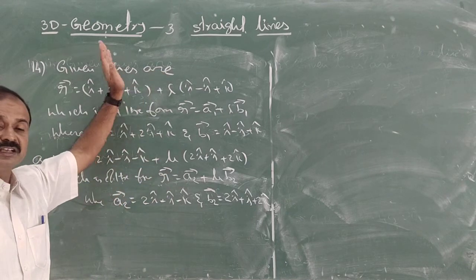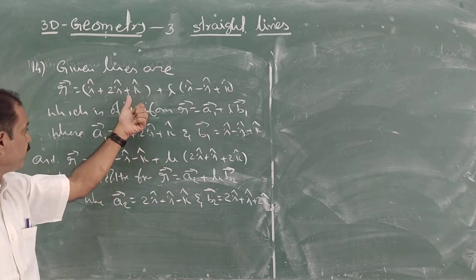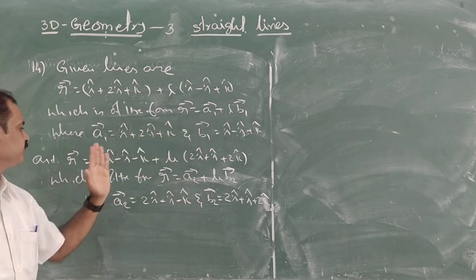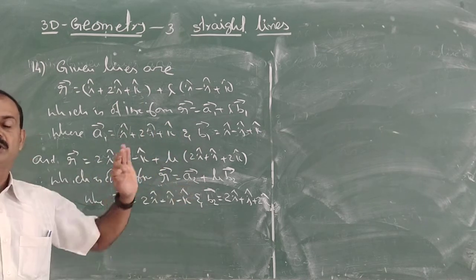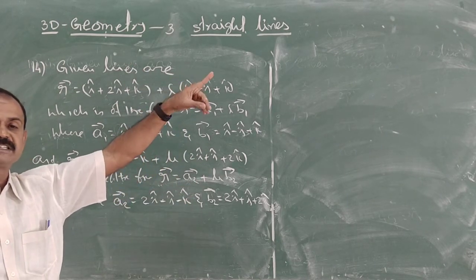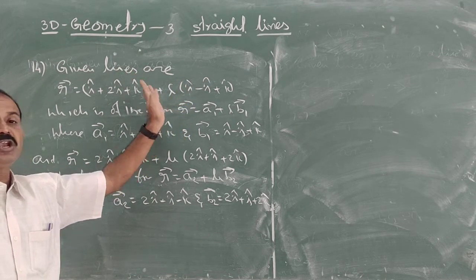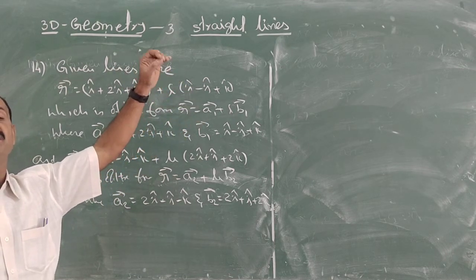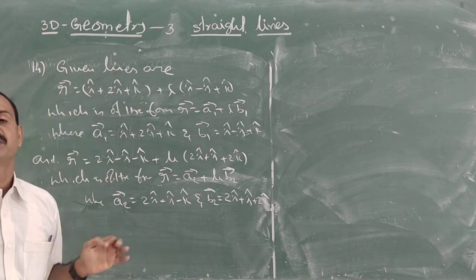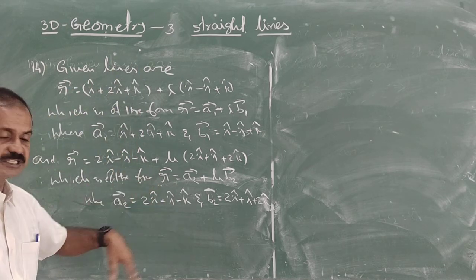Now from the given equations of lines, we have traced what is a1, what is b1, what is a2, what is b2. Now we know the formula of the shortest distance. D is equals to a2 minus a1 dot b1 cross b2 by magnitude of b1 cross b2. So find out step by step.